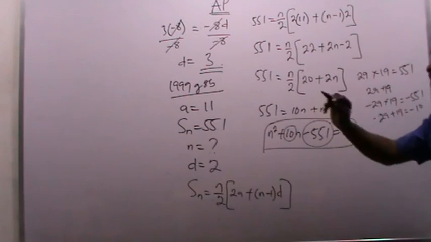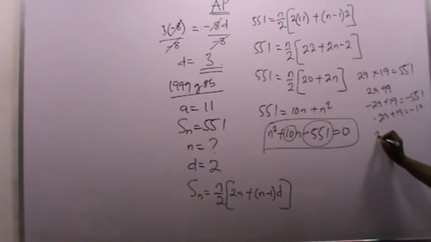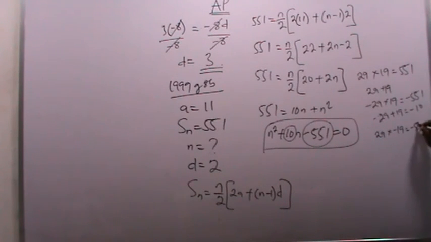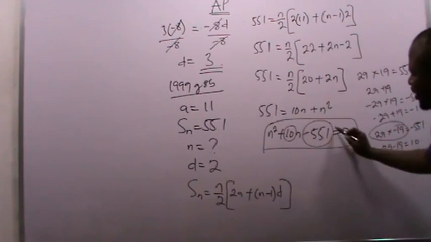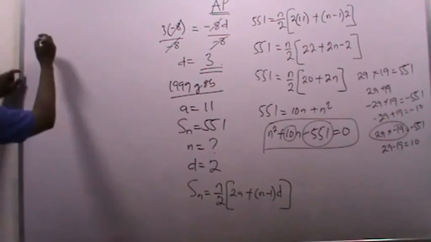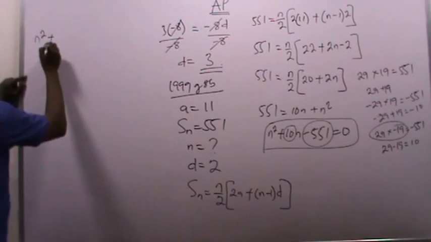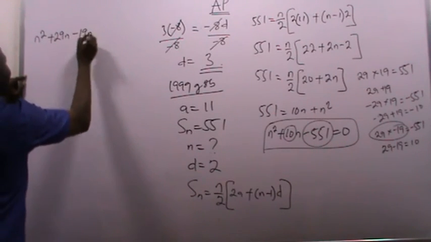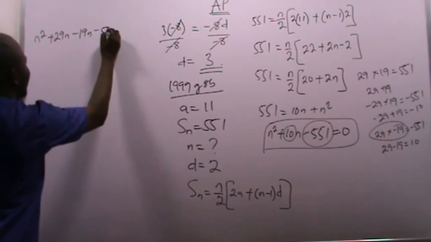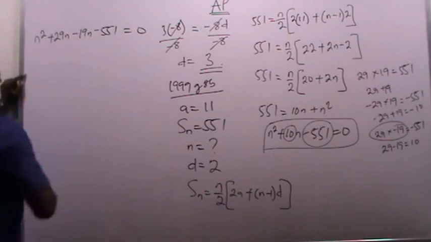It still did not give me this number. But if I say 29 times minus 19, it will give me minus 551. Then if I say 29 minus 19, it will give me 10. Meaning 29 and minus 19 can be a suitable factor for this equation. So I'll come down and write n squared plus 29n minus 19n minus 551 equals 0.